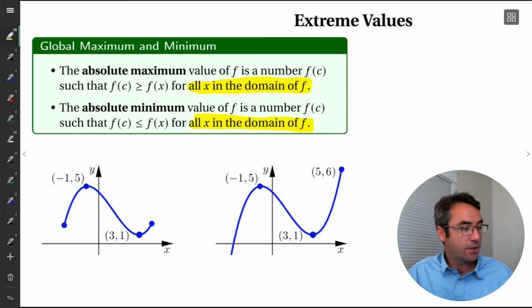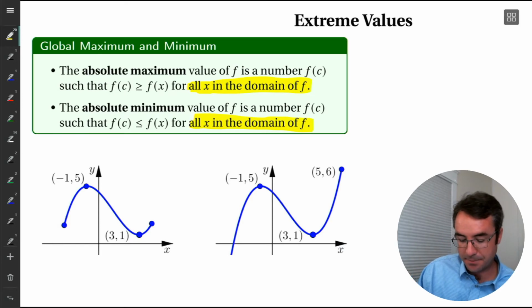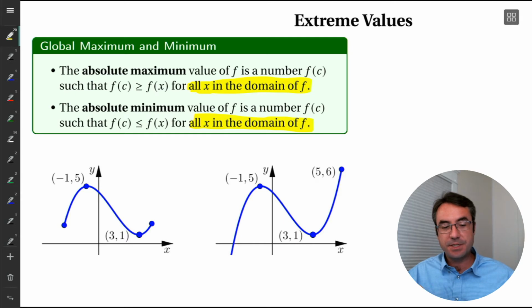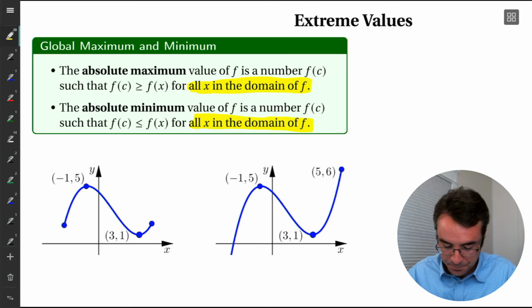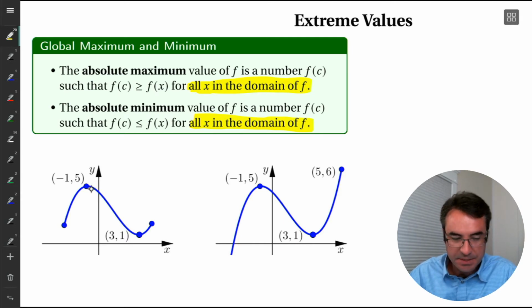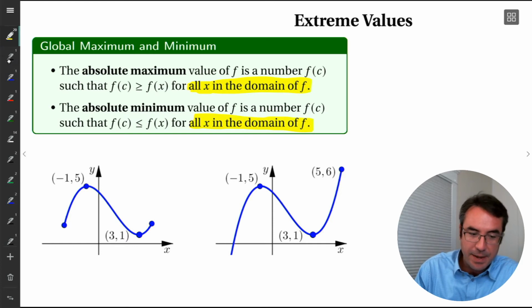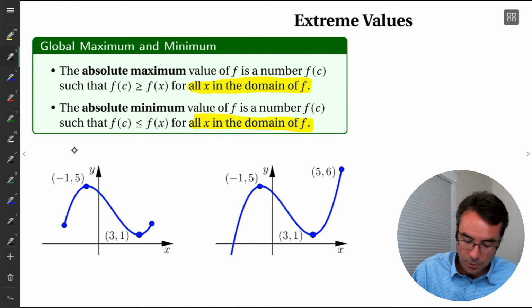All right, so let's look at just two examples here. So in this first example, let's see what we have. We have this section of graph that extends between two endpoints. And at this point here, -1, 5, we're seeing a relative max or local max.